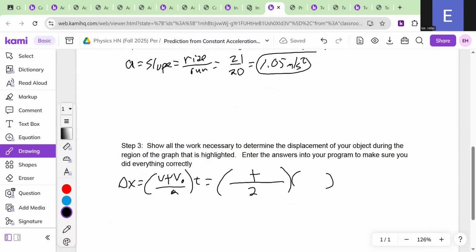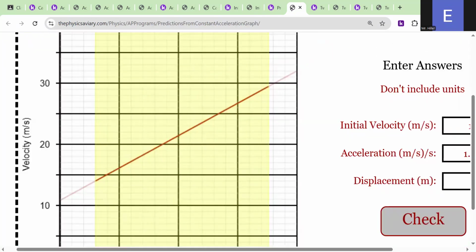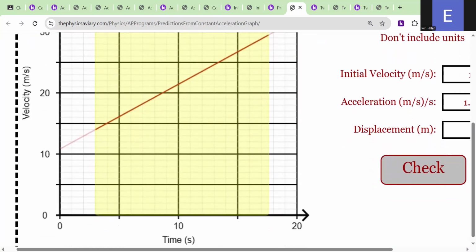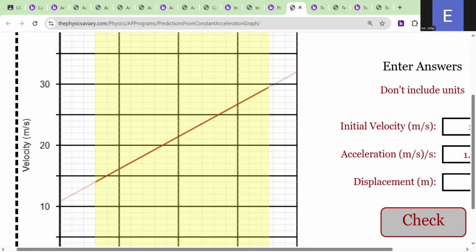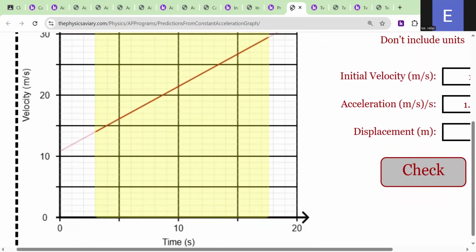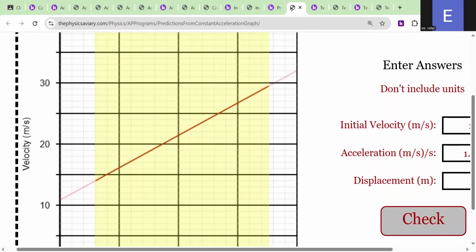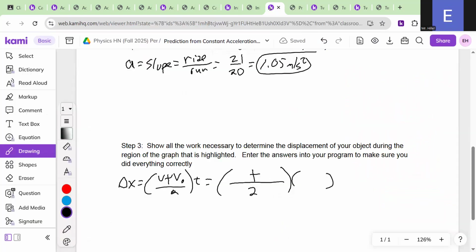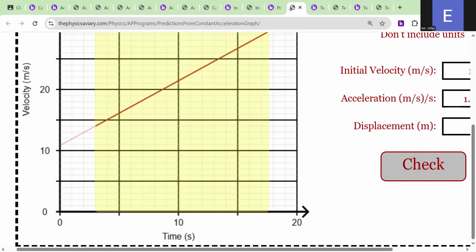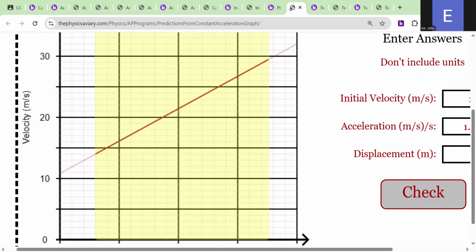Okay. So my initial time looks to be exactly at 3, and my final time appears to be 18.6. Okay, now the time frame goes from 3 seconds to 18.6.